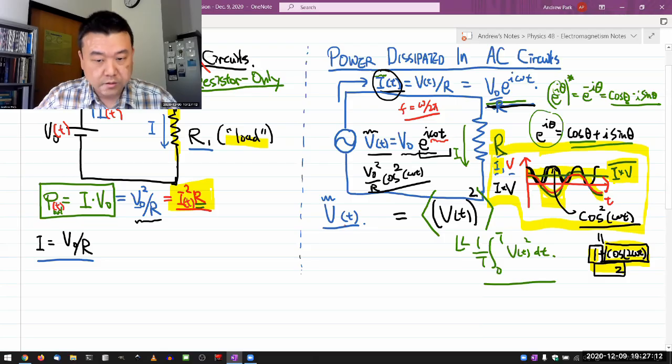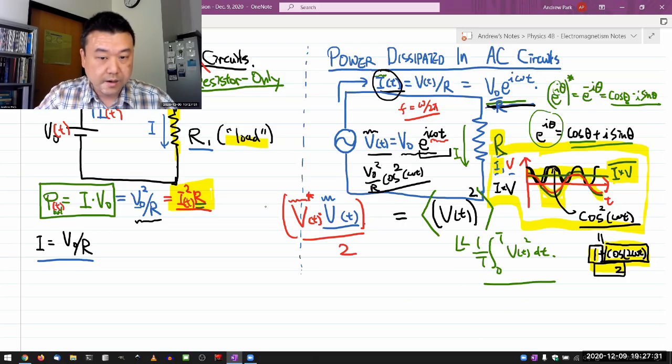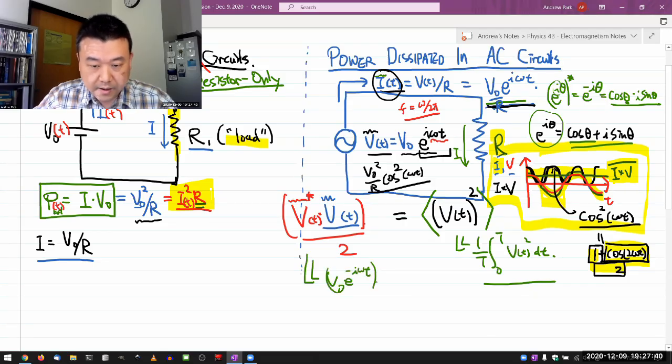The complex function multiplied by the complex conjugate of that function, divided by 2. And you can see with the example I have up there, if I do this calculation, this is what it looks like. Kind of the same thing I did before with the v naught e to the minus I omega t times v naught e to the I omega t.